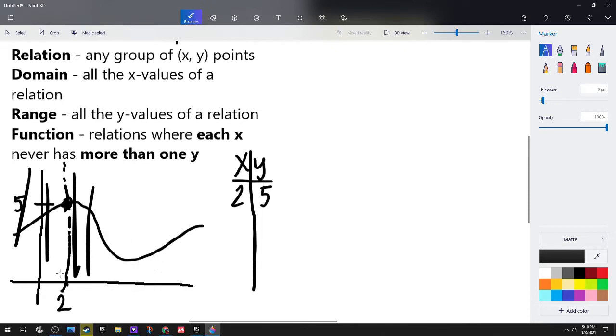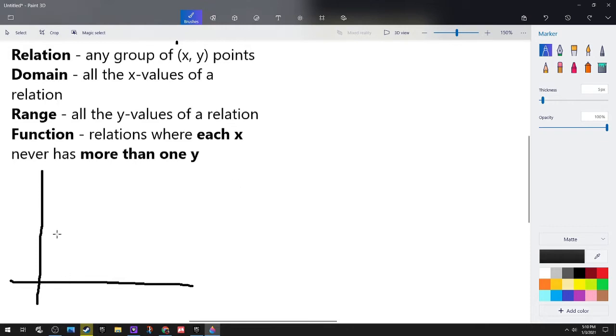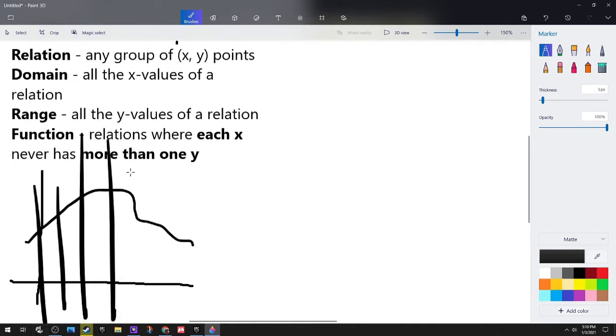So let's draw another relation in here. All right, here's our next function. All right, so if I go in and I draw my vertical lines, is this relation a function? Oh, there it gets close, but we're just going to assume that that didn't actually hit.